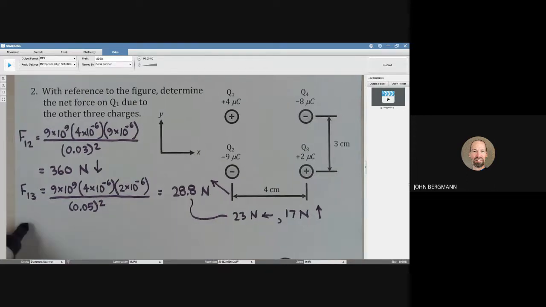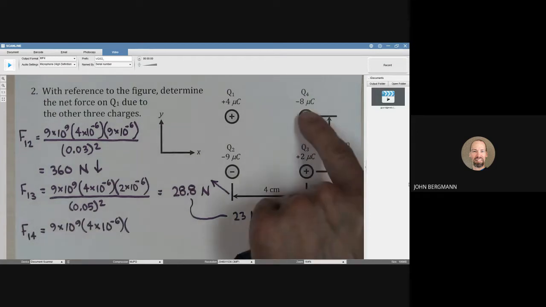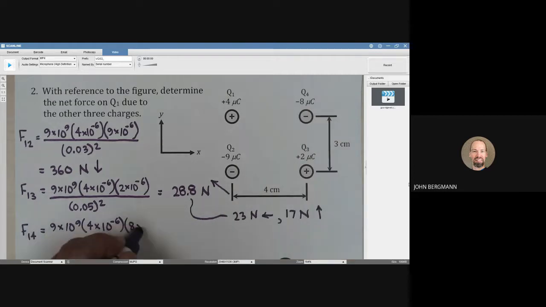Let's do this one more time between charges 1 and 4. 9 times 10 to the 9th, magnitude of charge Q1, 4 times 10 to the negative 6th. For the magnitude of charge 4, again, we're leaving the negative sign off because we'll just figure out in our heads by thinking which way the force is going to act. K, Q1, Q4 over R squared, and the distance between charges 1 and 4 is 4 centimeters, which is 0.04 meters.